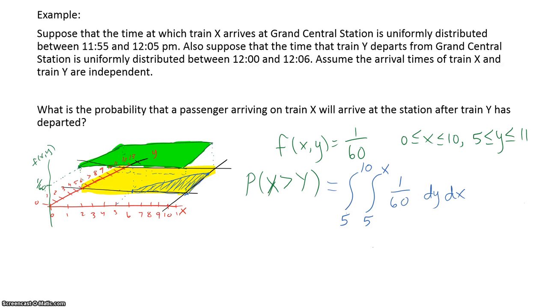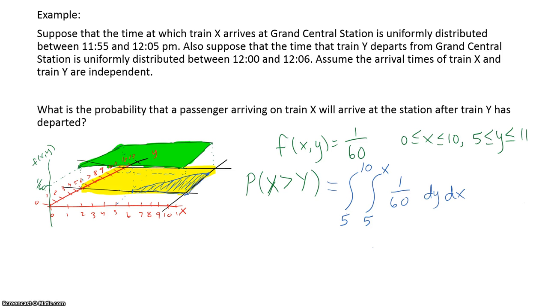So my limits when I integrate with respect to y are going to go from 5 to x. And then we know that in order for x to be greater than y, the smallest that x could possibly be is 5, and the largest it can be is 10. So those are our limits when we integrate with respect to x.